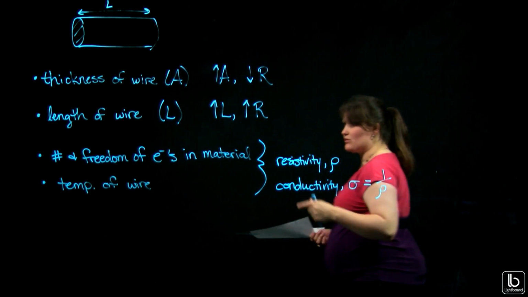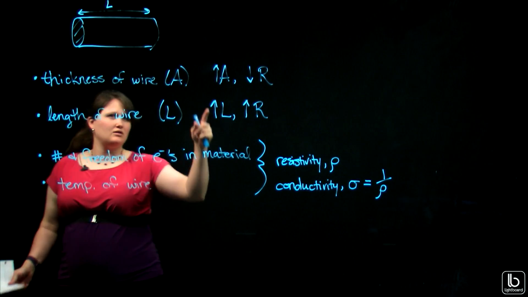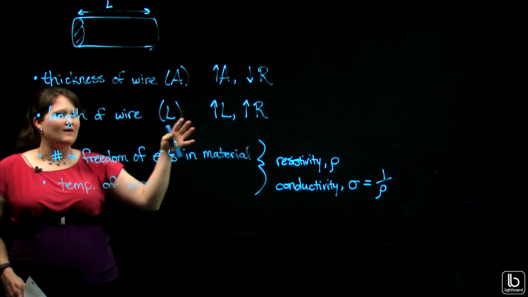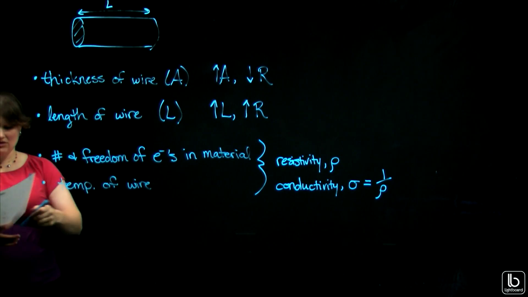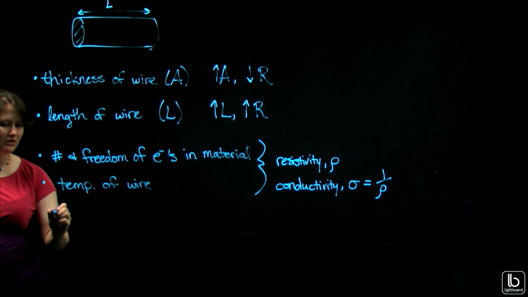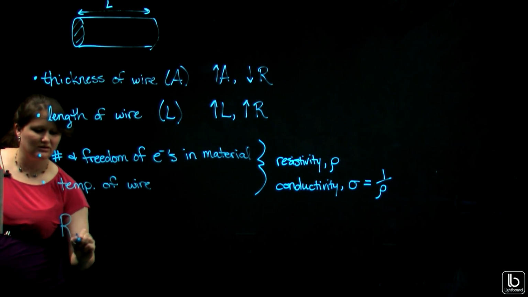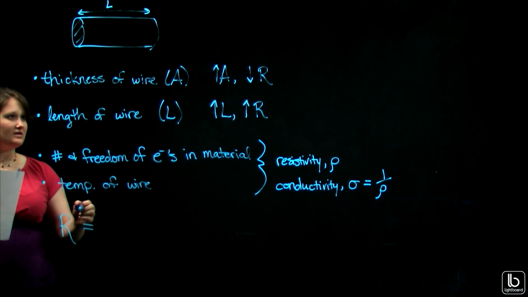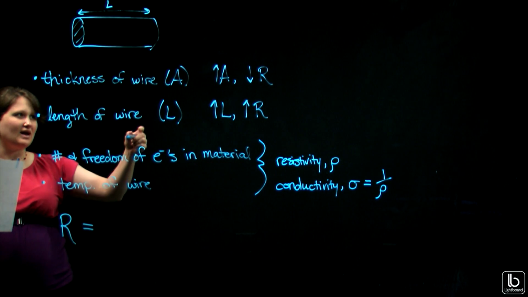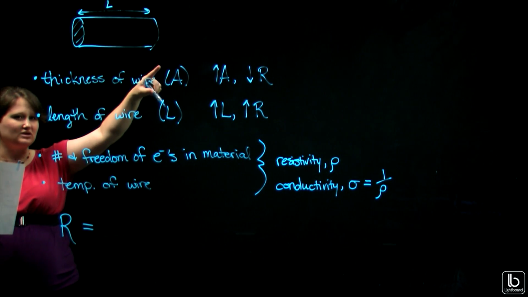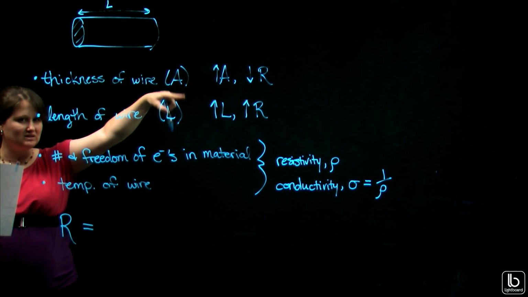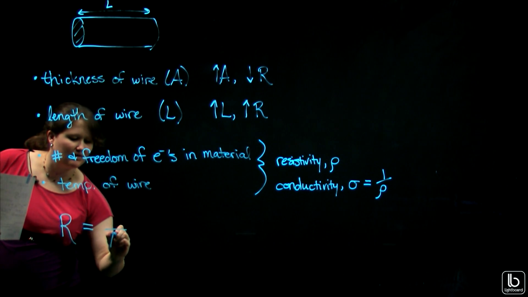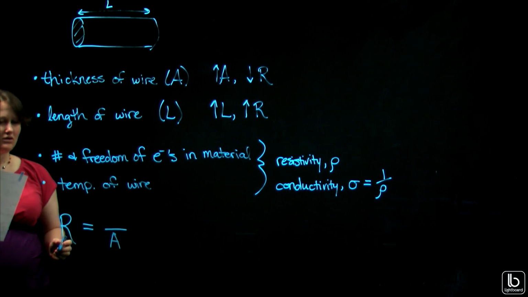So let's talk about resistance then in terms of the area of the resistor, the length of the resistor, and the resistivity. So we can say resistance physically is defined as, well, if my area increases while my resistance decreases, that means I'm looking at an inverse relationship here.